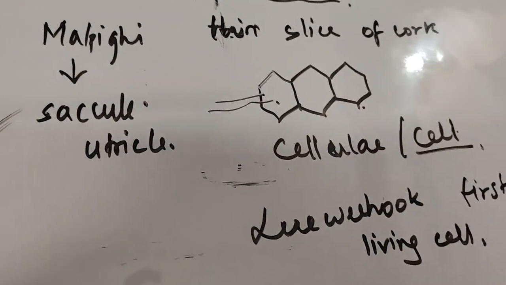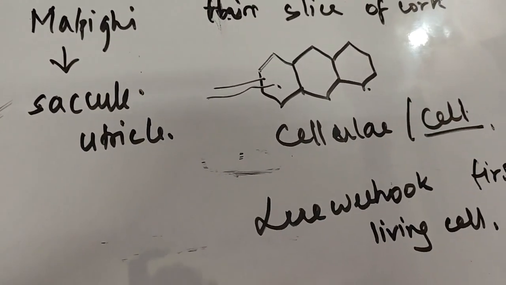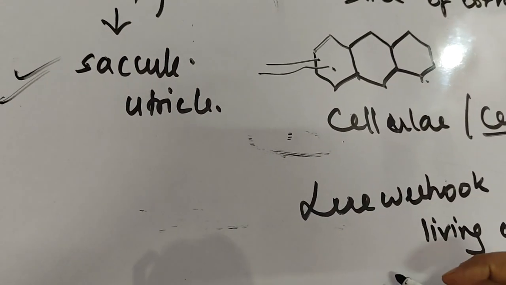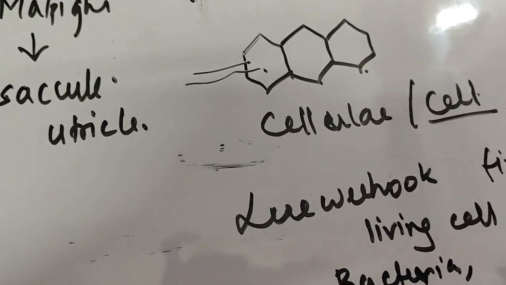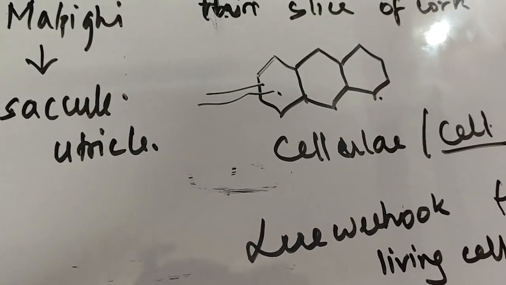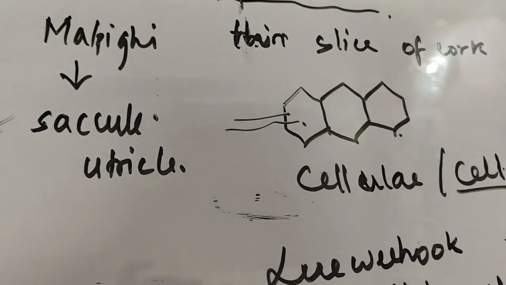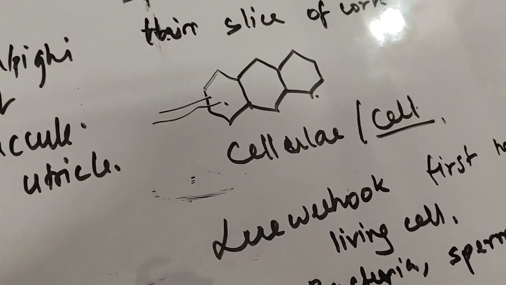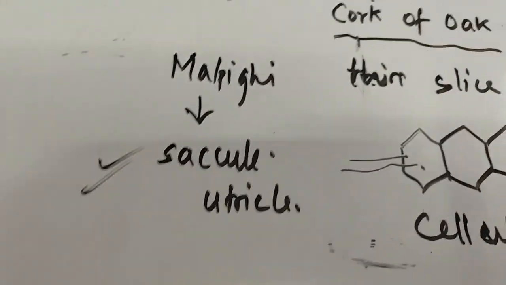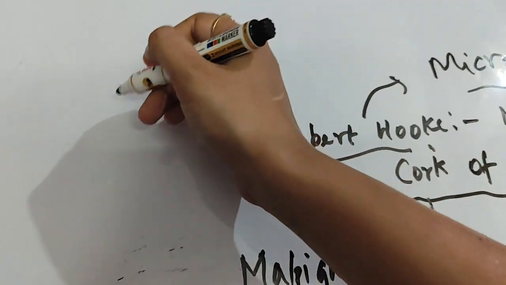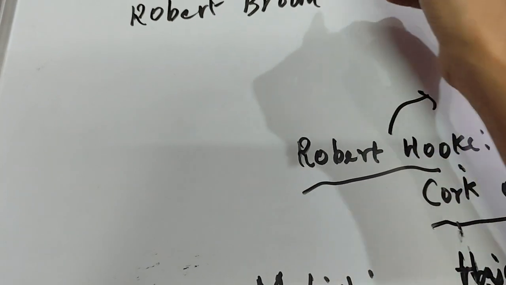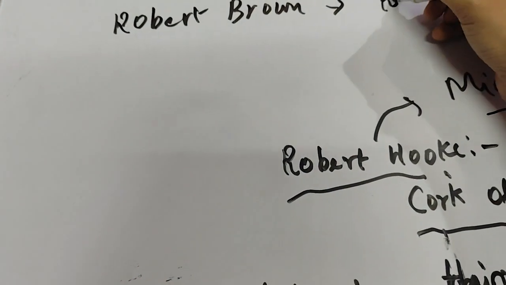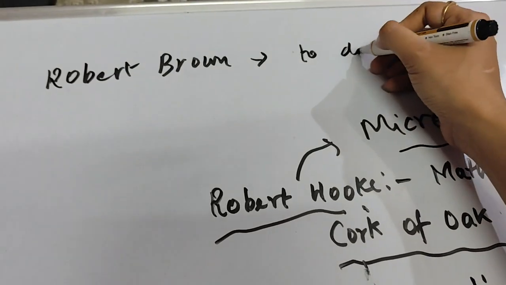So he observed the living cell and made sketches also, of bacteria, spermatozoa, etc. After these people, Robert Brown was the next. Let me write over here. Robert Brown was the next person to discover nucleus.